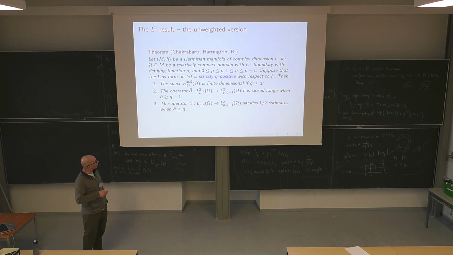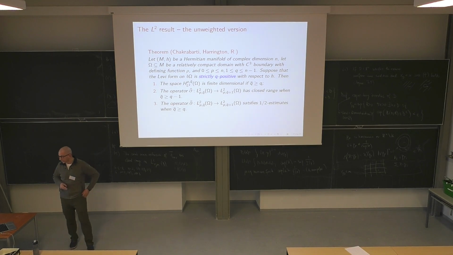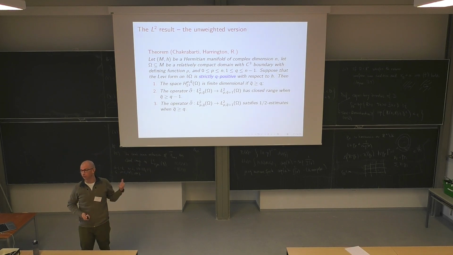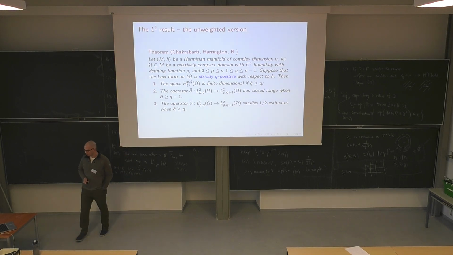The D-bar operator has closed range as soon as Q tilde is at least Q minus 1, and the operator D-bar also satisfies 1/2 estimates. This, of course, is classical, but we have a new proof of the result, which is in the spirit of the techniques we're using. Okay.